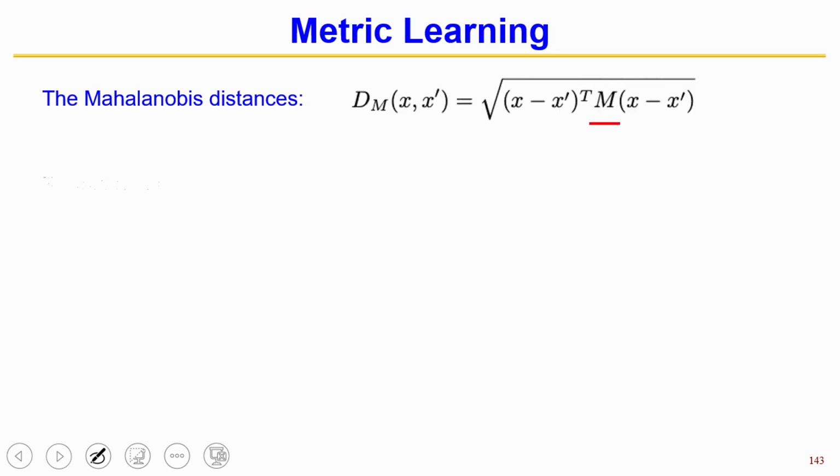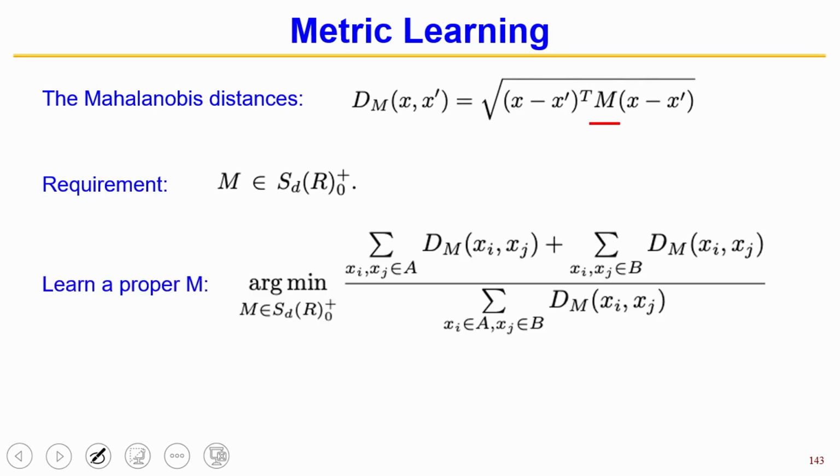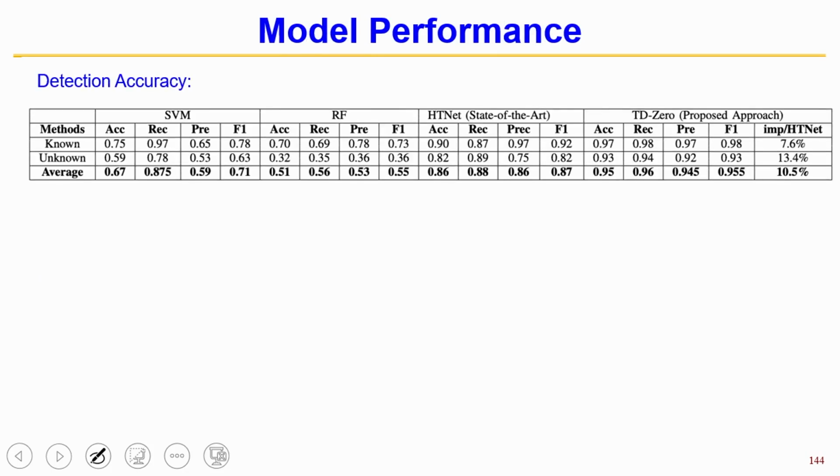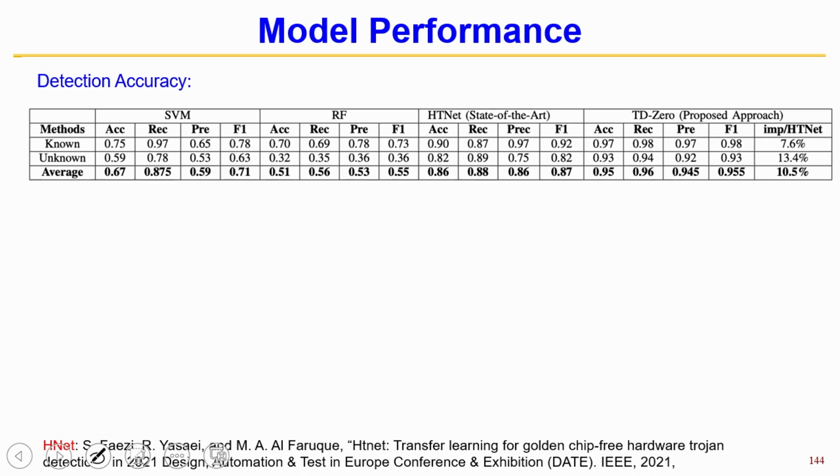Mahalanobis distance is very widely used in statistics and even in machine learning, and that seems to work very well compared to other distance metrics. If you studied statistics, you would probably know. And in terms of accuracy, zero shot learning tends to give reasonably high accuracy.